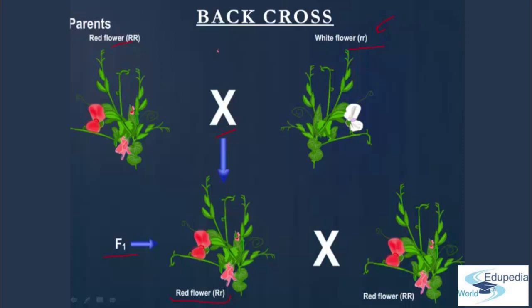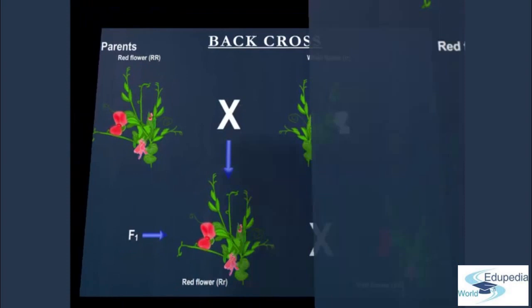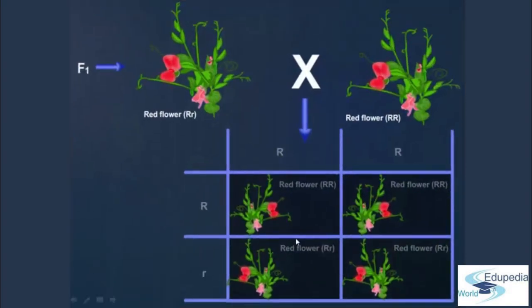Now, in case of a backcross, the F1 generation, which is comprised of red flowers that are heterozygous in nature, are crossed with the parent from which they were produced. As you can see here, the red flower is crossed with the homozygous red flower, and the result produced is as follows.